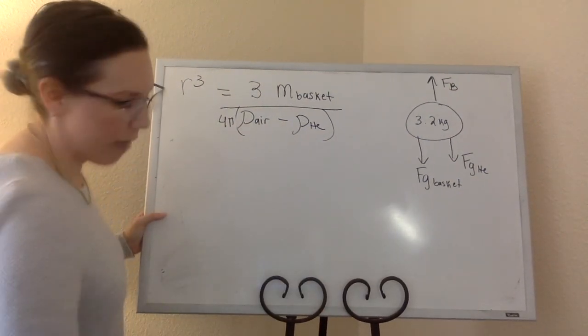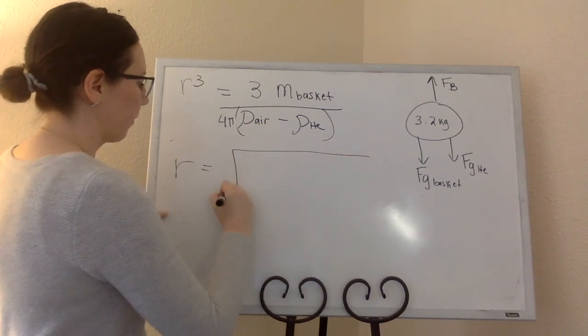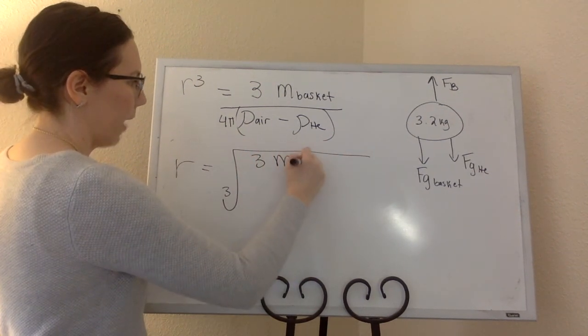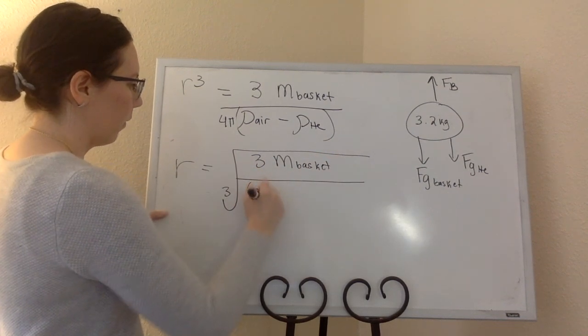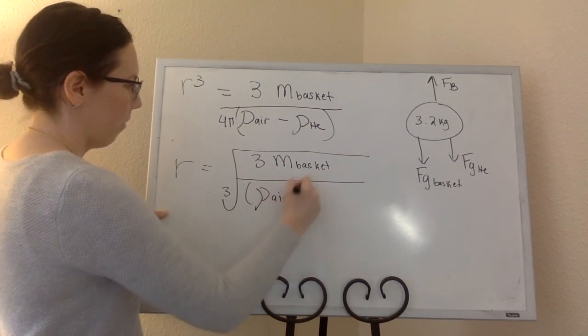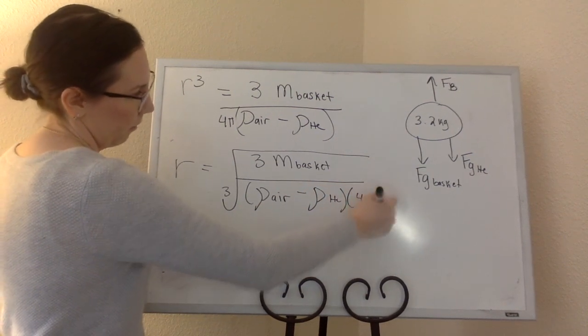So I'll have the radius is the cube root of 3 times the mass of the basket over rho air minus rho helium, and I'll put the 4 pi here.